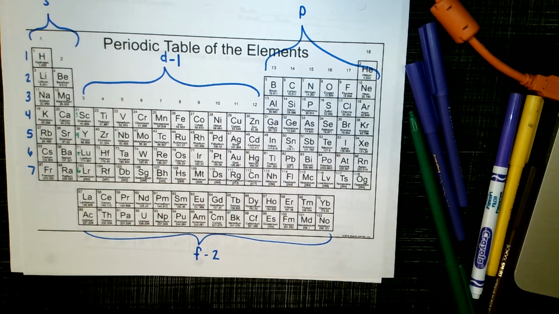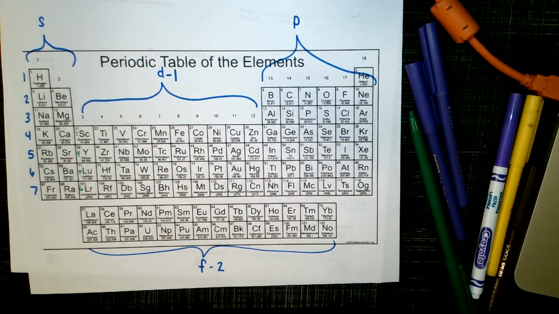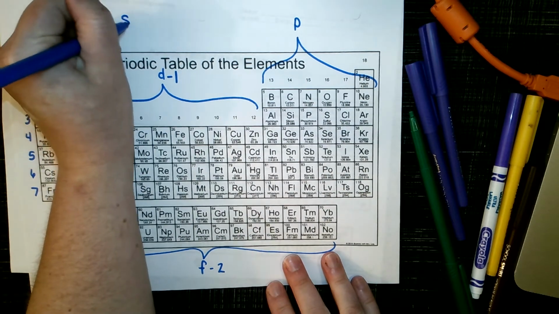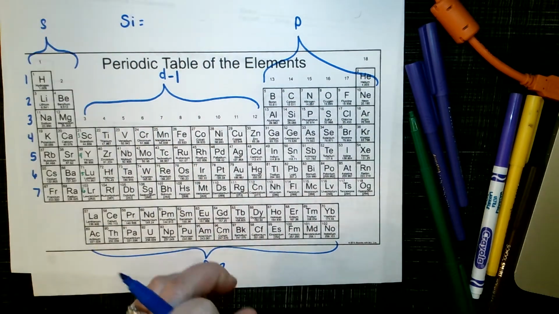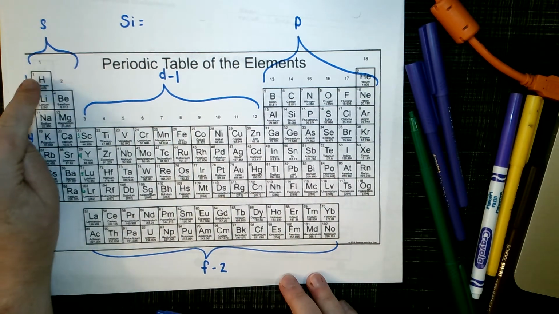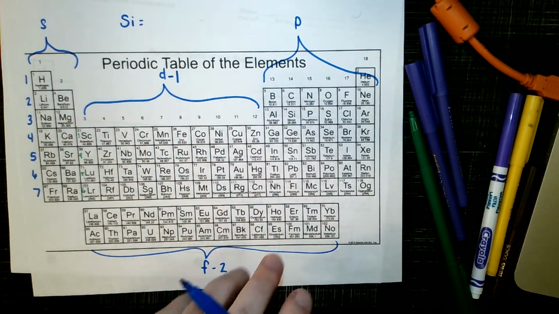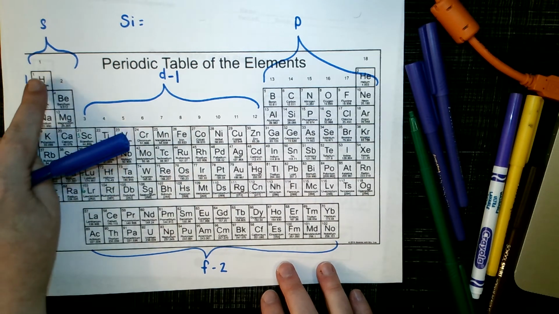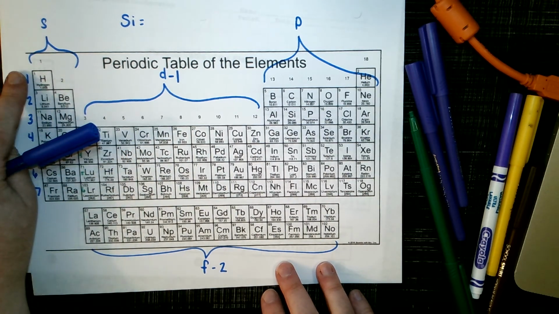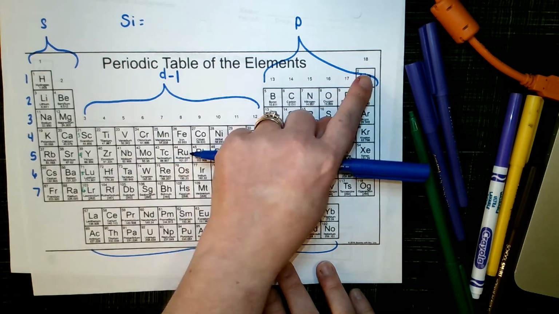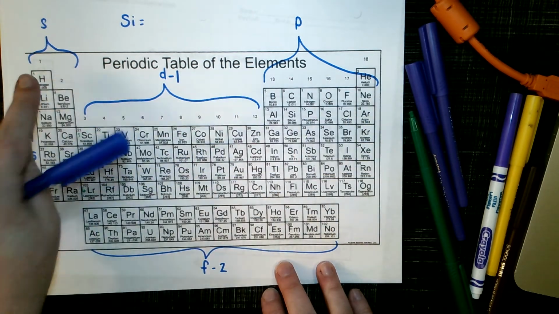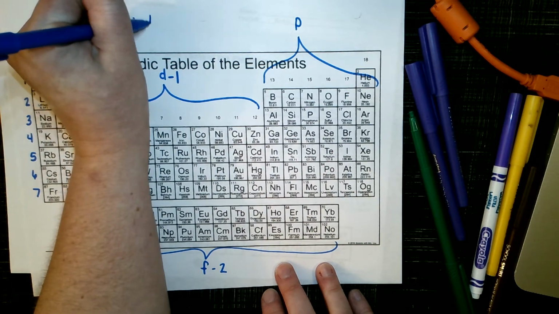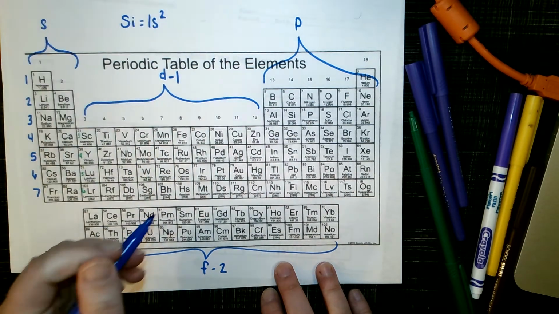Like I said, that's all you need for writing an electron configuration. If I told you, let's write the electron configuration of silicon using just our periodic table, this is like our start line on our bubble sheet, our roadmap. You go here to the left, we're in the first row, so that means the first energy level. I know that I'm in the S block because I have 2 of them together, so we would start out as 1s2.